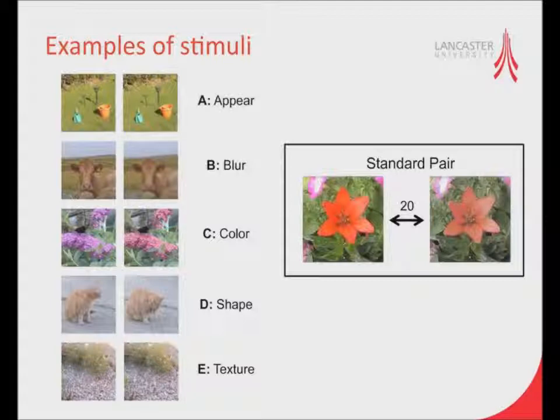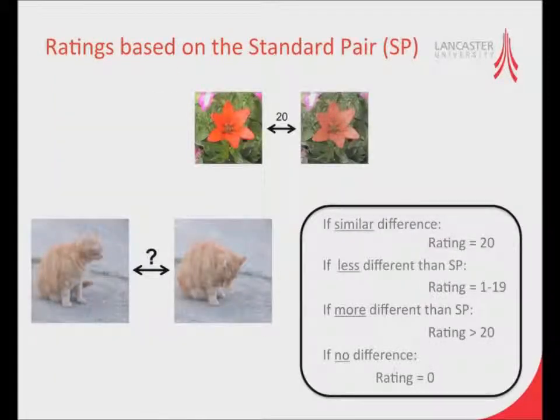And what I did was I asked observers to rate how these differences appear to them based on something called a standard pair. And this is the standard pair that I use, and I tell people this difference is equal to 20. Okay? I present to people pairs of images, and the way they rate the images is as follows. If they feel that this difference is as different as this difference, they would rate this pair 20.